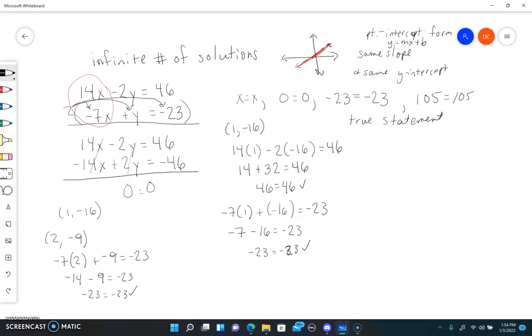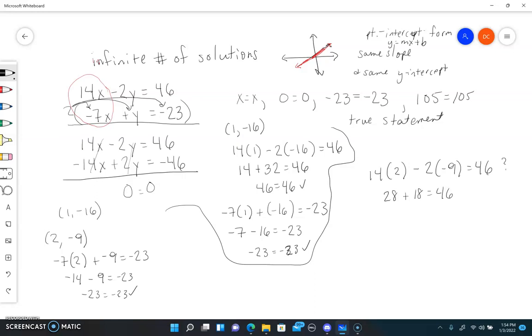And I can do that also with my first equation, right? So 14 times 2 minus 2 times negative 9 equals 46. Well, 14 times 2 is 28 plus 18. Does that equal 46?